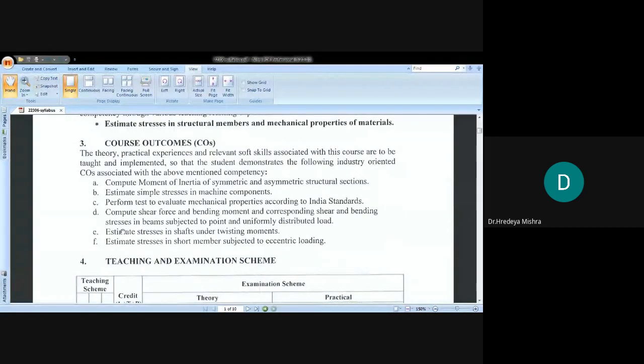Okay. Fifth is estimate the stresses in shaft under twisting moment. Twisting of a shaft means we fix one end of the shaft and rotate the other end. So twisting is there.